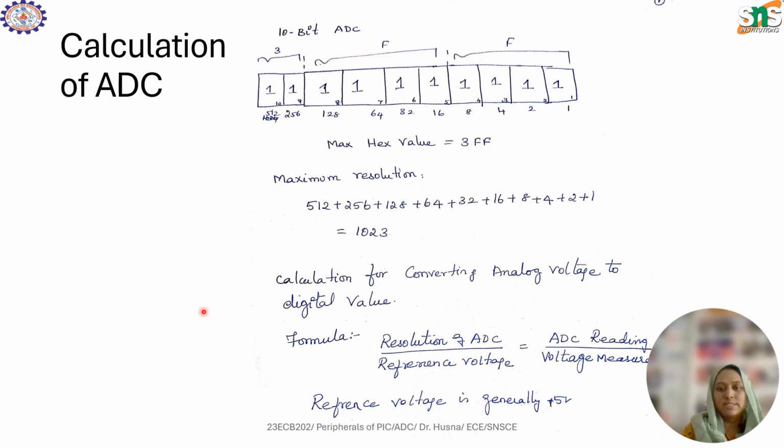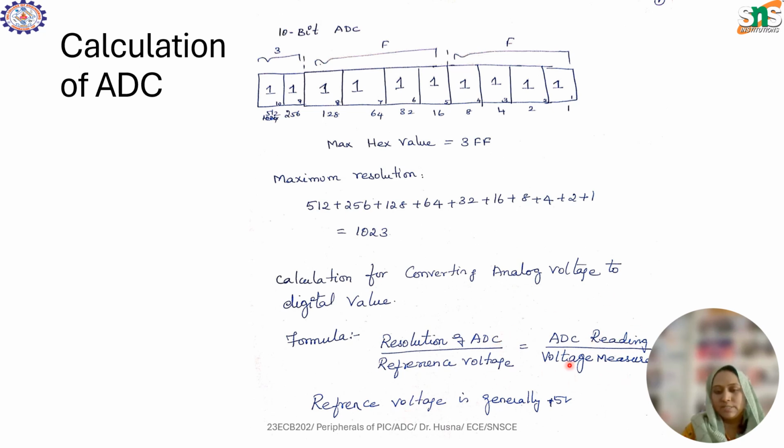Let's consider a 10 bit ADC. If we add all those bits, we get the maximum value of 3FF, so the maximum resolution is 1023. How do we convert analog voltage to digital value? The resolution of the ADC divided by the reference voltage equals the ADC reading over the voltage measured.